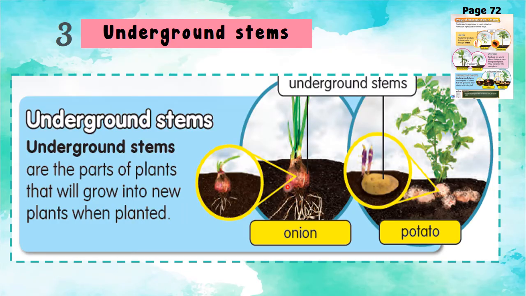This is underground stems, batang bawah tanah. This is the underground stems for onion and this is the underground stems for potato. Both onion and potato can be planted through underground stems.